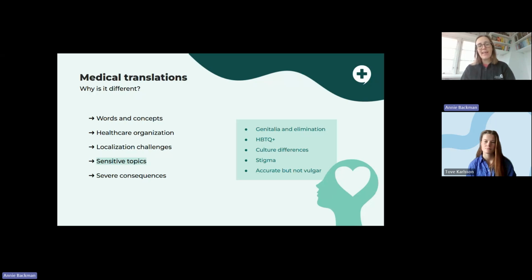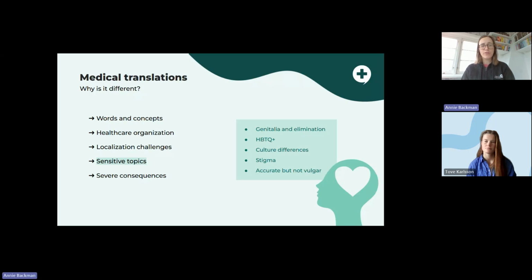And since in languages the culture differences are mirrored, this is very important to have in the back of your mind when translating to different languages. Sexuality and genitalia and things like that can also have a stigma around them in different cultures.